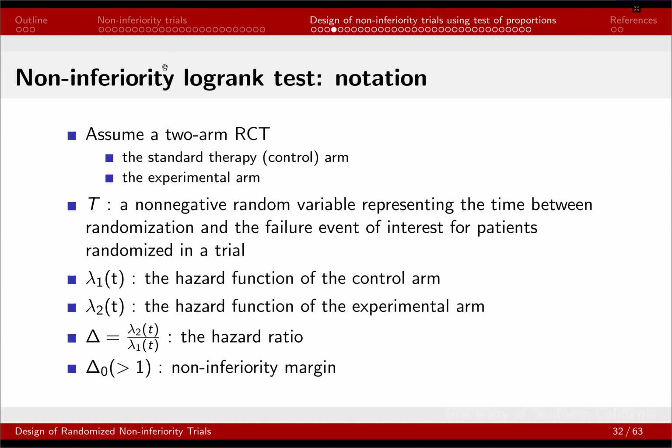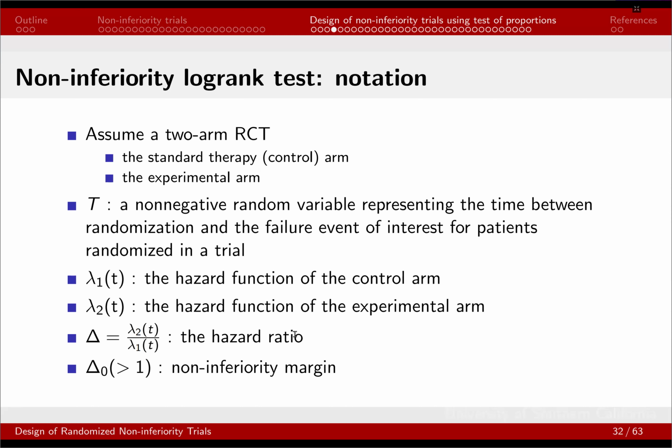So this is the notation for the non-inferiority logrank test. We assume a two-arm randomized control trial with the standard therapy arm as the control arm. Let T be a non-negative random variable representing the time between randomization and the failure event of interest for patients randomized. Lambda 1 and lambda 2 are the hazard functions for the control arm and the experimental arm.